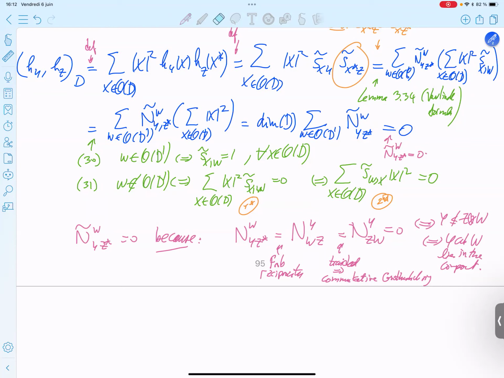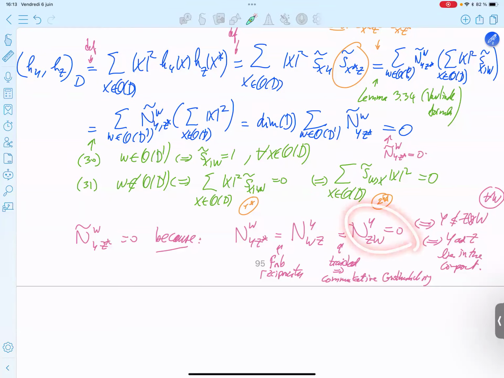for all W. Here we have for all W. Y and Z lie in different components here for all W. Okay, so this is 0.